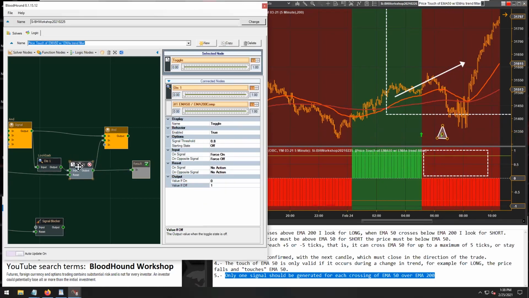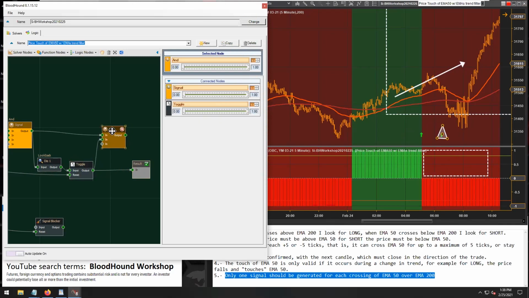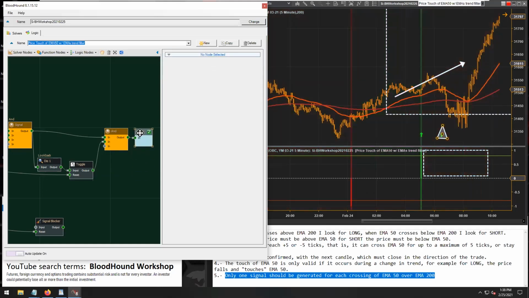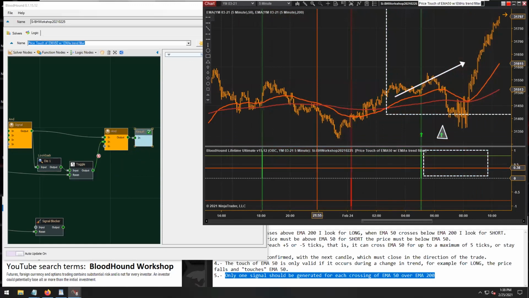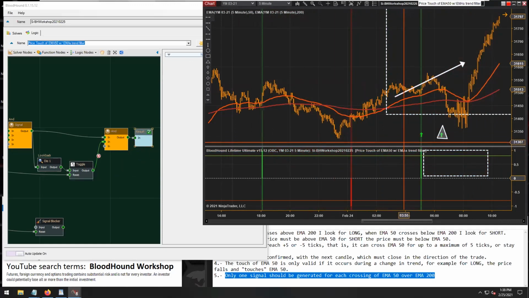So the toggle node has no output going into another AND node, and that is how we can use the toggle node as a very simplistic signal blocker. So there we go.